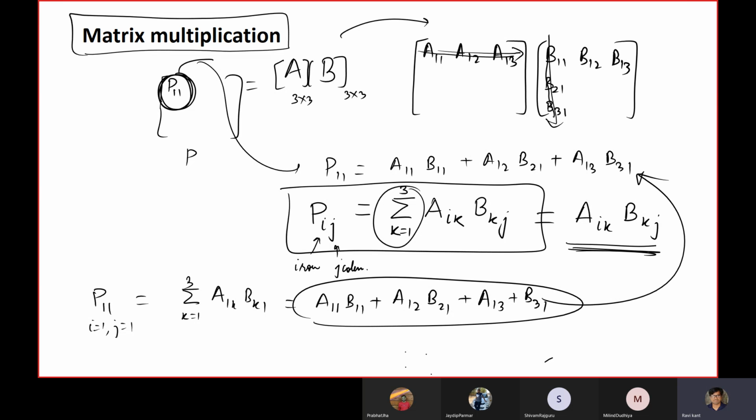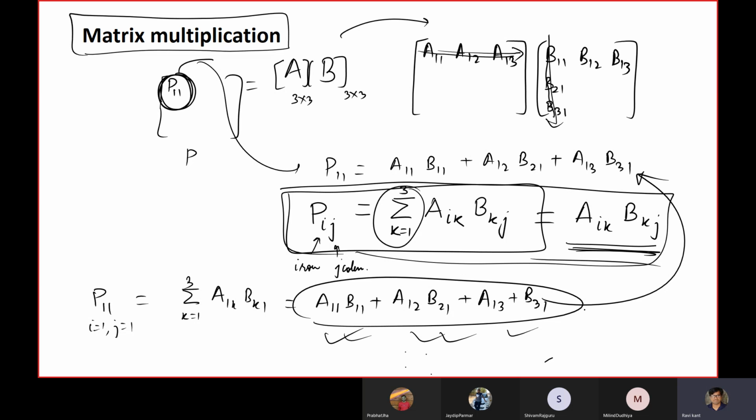So these are the ways to write your matrix multiplication, because we are not going to write things in detail. From now onwards I just write this thing and you should know that this thing is this thing.